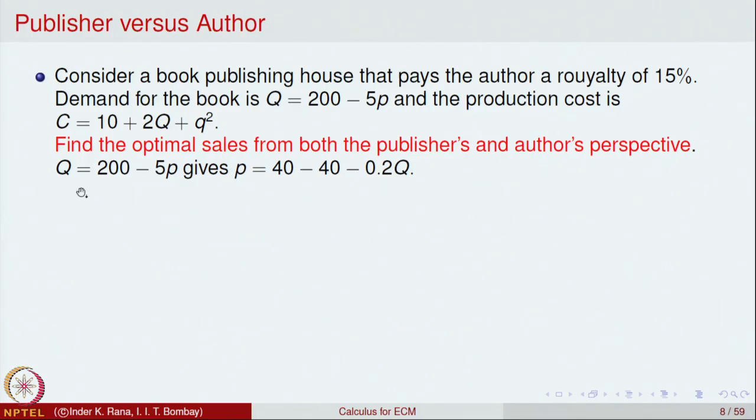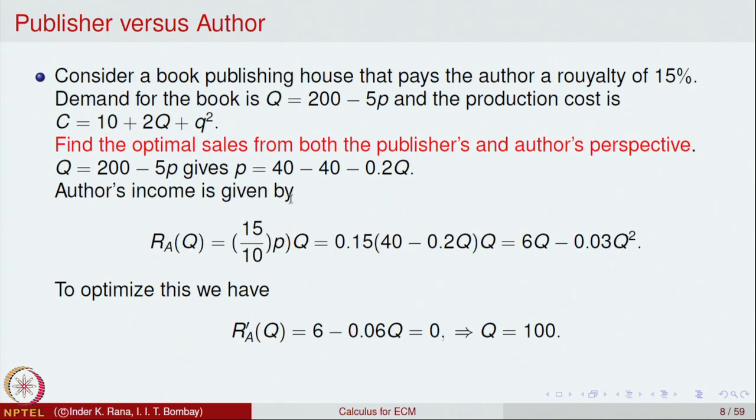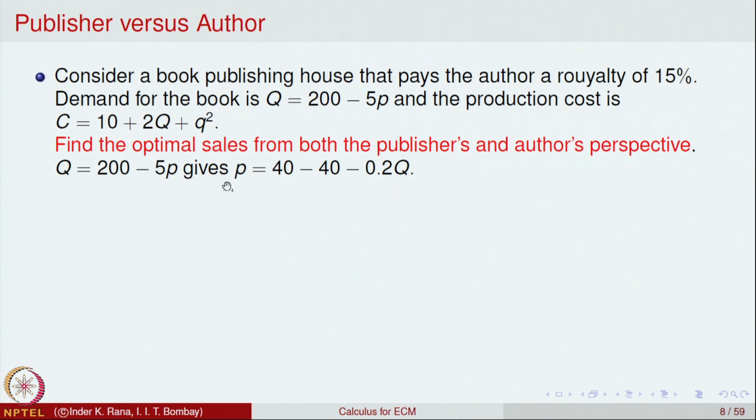The first, the Q is 200 minus 5 p, right. So, that gives you p in terms of q. 5 p is equal to 200 minus q, there is a typo here. So, here 5 p goes that side, is equal to 200 minus q, right.